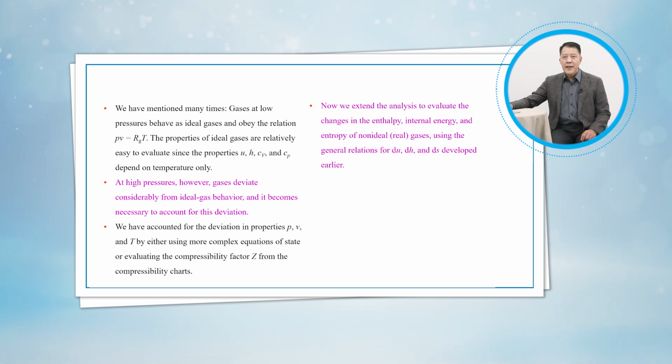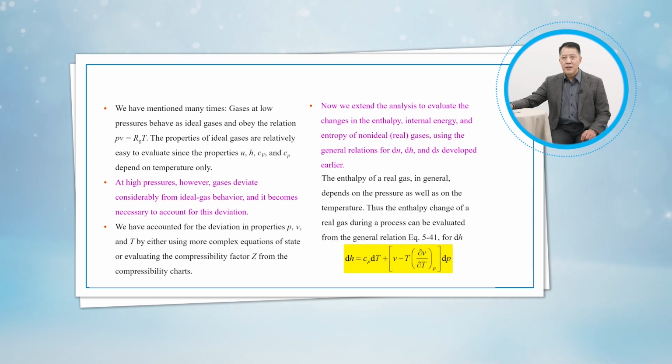Now, we extend the analysis to evaluate the changes in the enthalpy, internal energy, and entropy of non-ideal gases using the general relations of du, dh, and ds developed earlier.